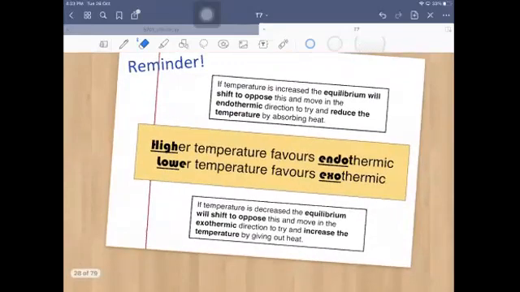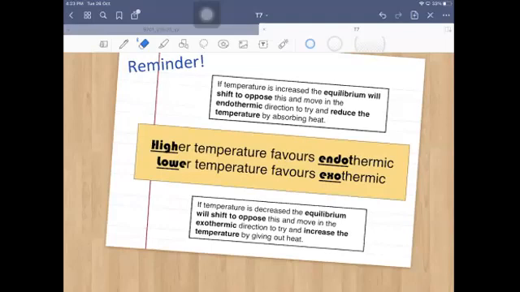Just a reminder, if you increase the temperature of your mixture or your system, the endothermic reaction will be favored. Why? Because endothermic likes to take in heat. Whereas if you lower the temperature, the exothermic reaction is being favored.